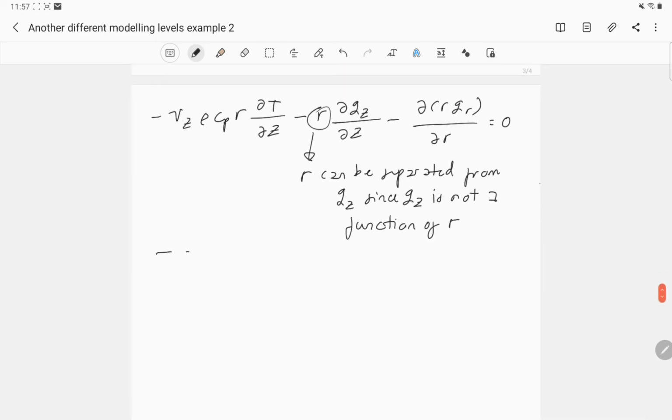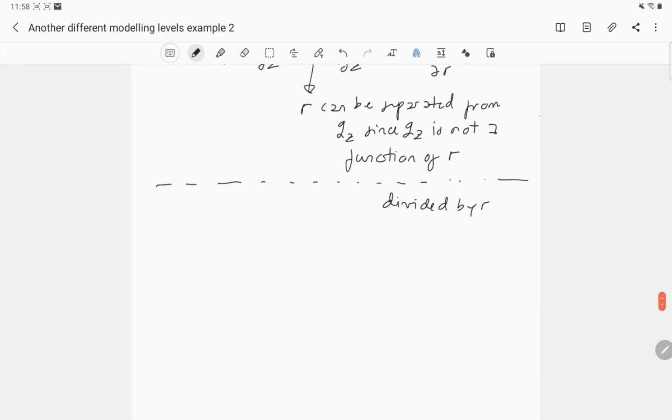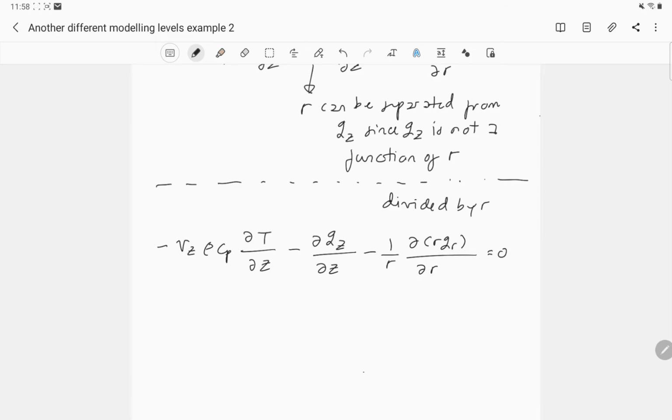Okay, then we continue in here. Let's divide that term by r. Once we divide by r, then we will have minus Vz rho Cp del T over del z minus del qz over del z minus 1 over r del r qr over del r is equal 0.